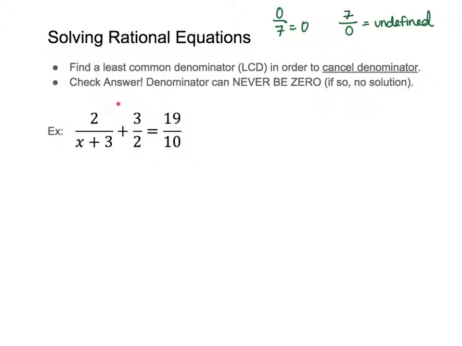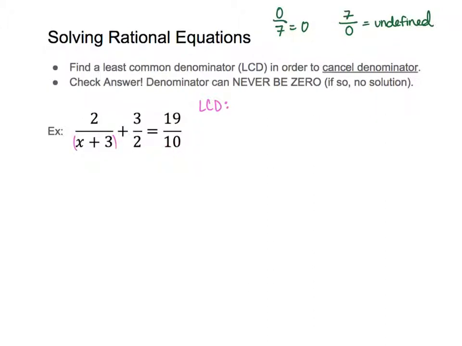So let's look at this problem here. Notice that the denominators here are all different and we're adding. So that means that if I'm adding, I need a common denominator. So that's what I'm going to do first, is figure out the least common denominator, or the LCD. My LCD here, if I think of the numbers first, like the 2 and the 10, they're just numbers, whereas x plus 3, you can think of that as a factor.